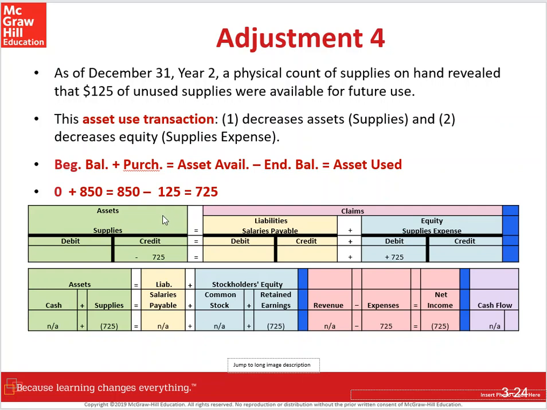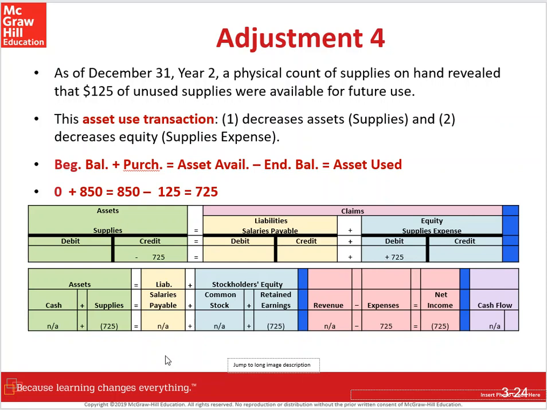So what we're going to do is decrease our supplies asset by $725. So that's a credit to supplies. That's going to leave an ending balance of $125. But we're crediting $725. And then on the other side, we're going to debit supplies expense. So we're debiting the expense account, which is increasing expenses, but decreasing net income, retained earnings, and owner's equity.